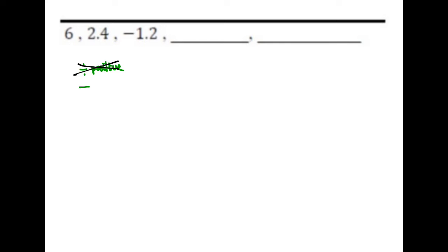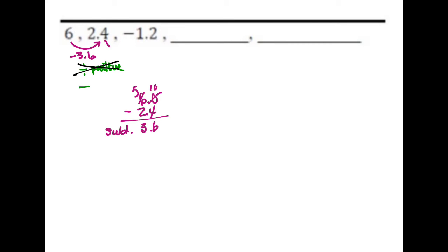Okay, so let's see. If I start at 6 and I go down to 2.4, yes, you can do this on your calculator, but I don't have one here to show you. So 10 minus 6, or 4 is 6, and 5 minus 2 is 3. So we've subtracted 3.6 to get from 6 to 2.4.